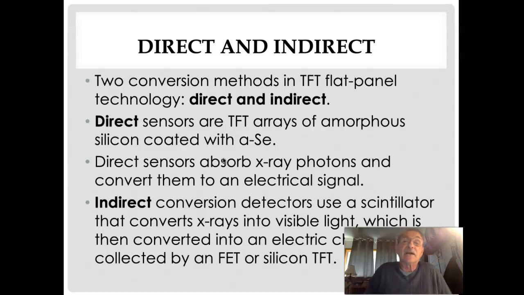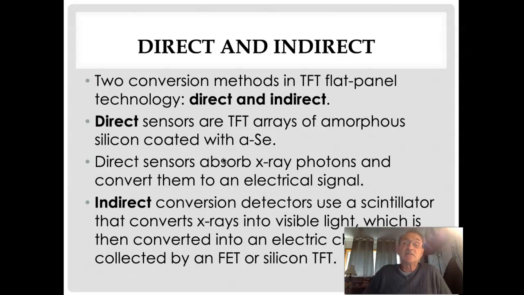Direct and indirect. I think that's probably the most important thing that you can remember. All of it's important, but drop dead, the two conversion methods in thin film transistor flat panel technology are direct and indirect. Direct sensors are TFT arrays of amorphous silicone coated with amorphous selenium.